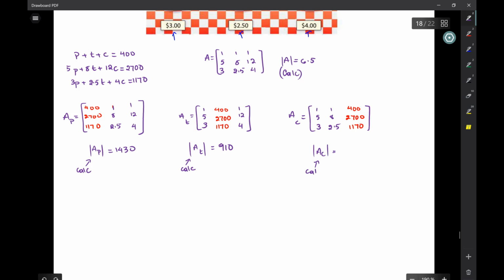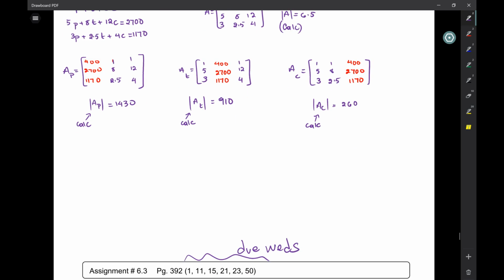Look, I'm crunching numbers, it is 260. It's too time consuming. It's a waste of time for you to have to do 4 determinants of a 3 by 3 for one problem. But I will ask you to find the determinant of a 3 by 3 by hand. That's a given. That's like a separate question of its own.